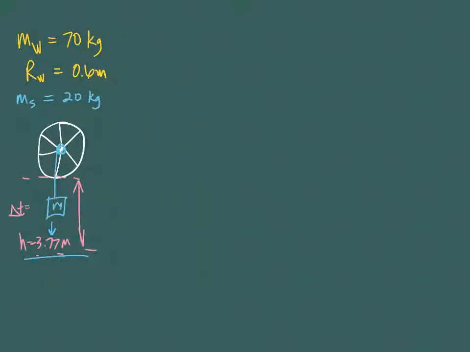Change in time for that drop, 1.6 seconds. So all that data goes through one complete turn. So we need to first find the speed of the bag at impact, or just before impact.